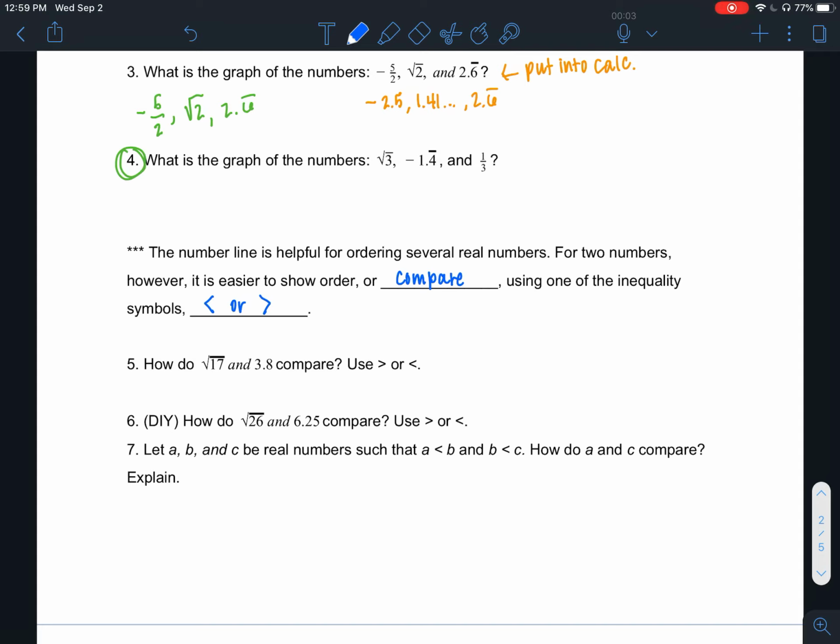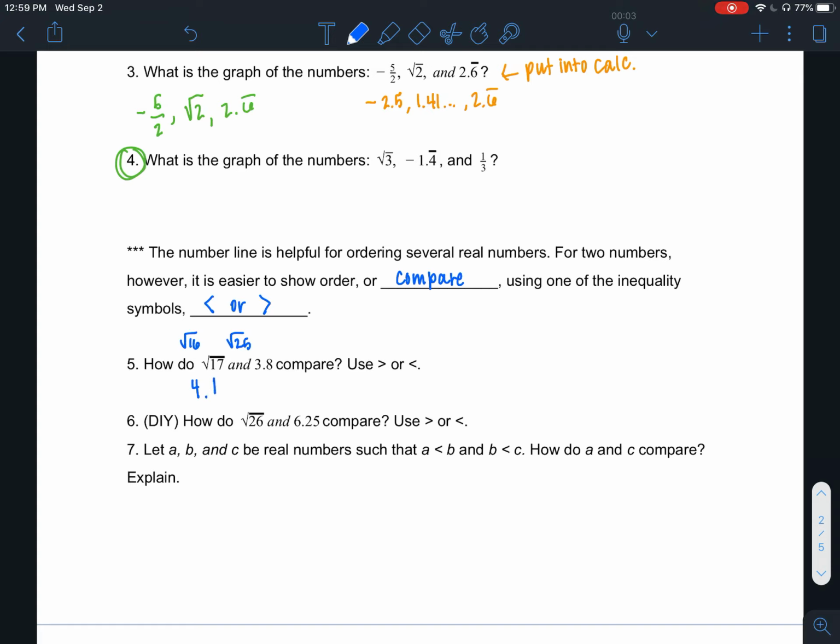The square root of 17 is between the square root of 9 and the square root of 16, which is 3 and 4. So I know it's somewhere between 3 and 4. That's not even correct. It would be somewhere between the square root of 16 and the square root of 25, but obviously closer to the square root of 16. Square root of 16 is 4, square root of 25 is 5, so it's probably going to be about 4.1.